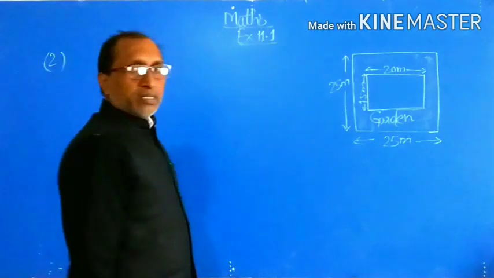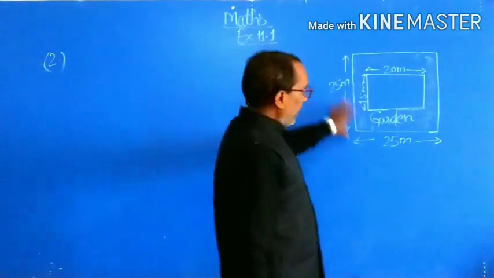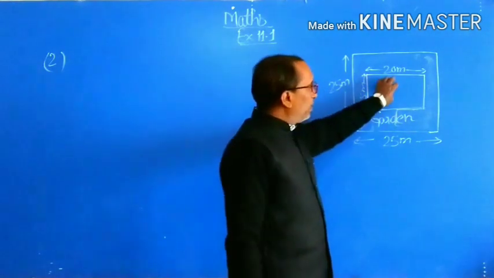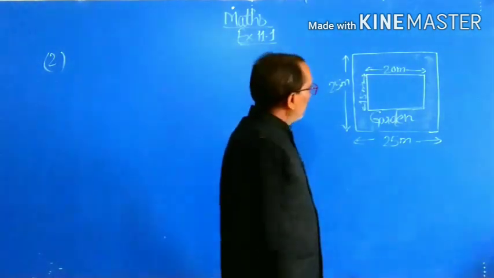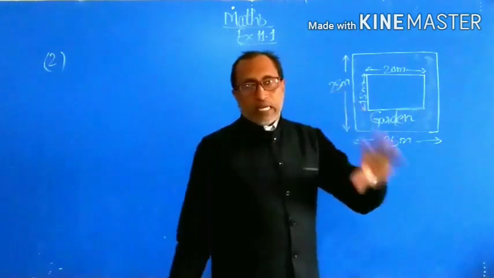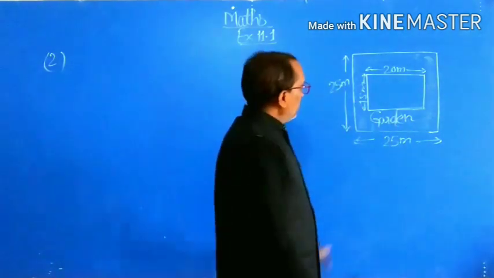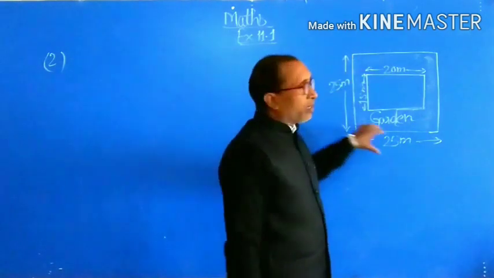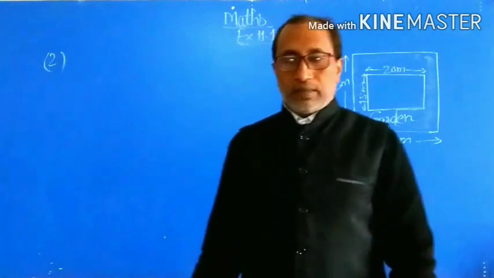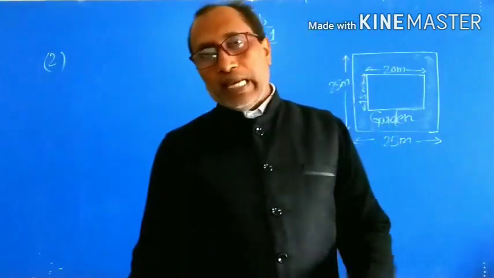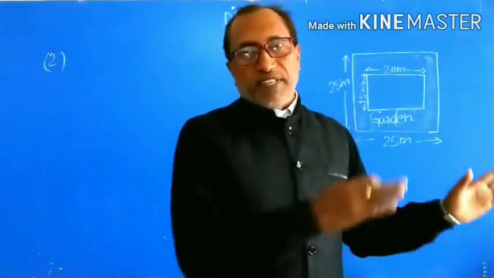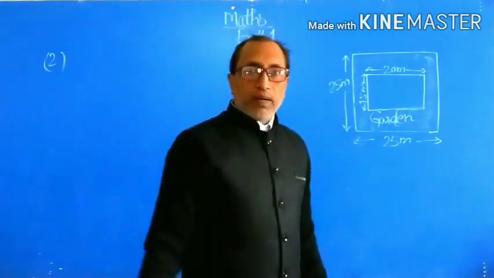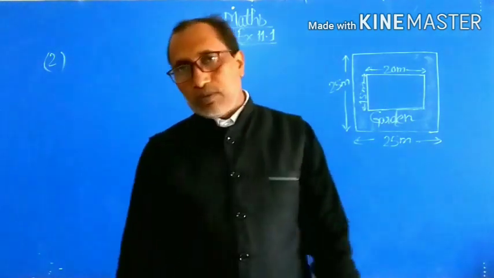Means first of all you find out the area of the square plot, then you find out the area of the house, then you find out the area of the garden by subtracting area of the house from the area of the square plot. Then you multiply area of the garden with 55 rupees. You get the cost of developing the garden around the house.